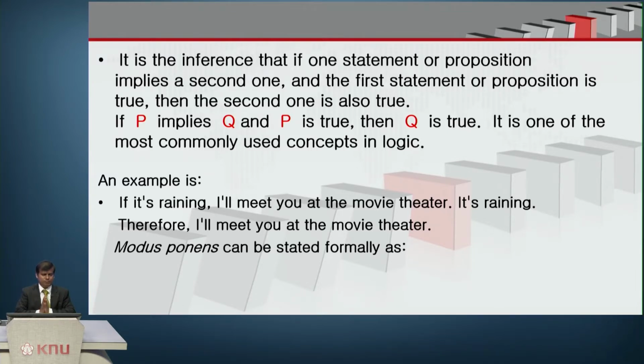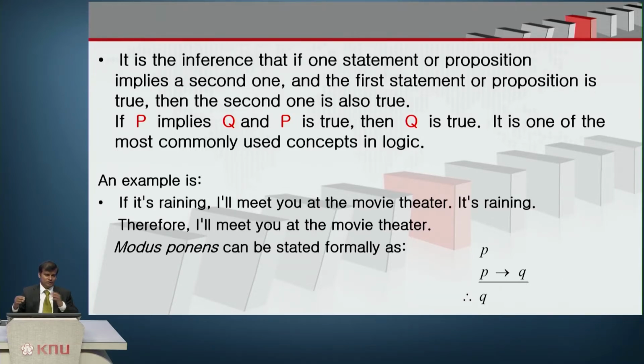It is one of the very basic, common concepts used in logic. Given P is true, you can make a conclusion. For example, if it's raining, I will meet you at the movie theater. It's raining, therefore I will meet you at the movie theater. Modus ponens can be stated as: given P, P implies Q, therefore Q.